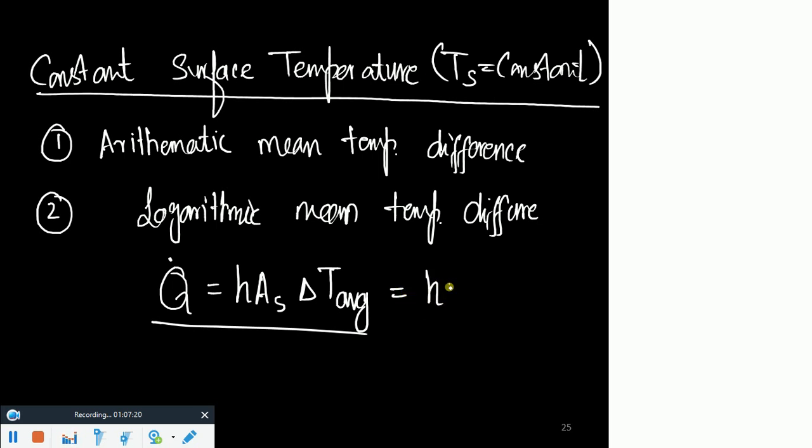This should be equal to hAs (Ts minus some temperature value from the fluid). So what should be this temperature value? We should consider the mean temperature, average mean temperature. Why? Because it would also change with respect to x. So I would say that let's take this Tm average.